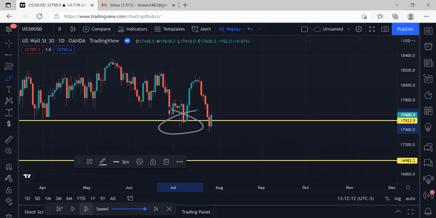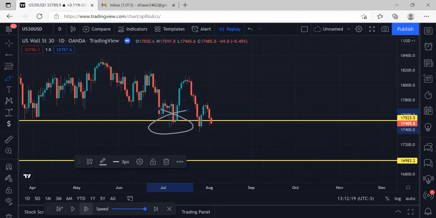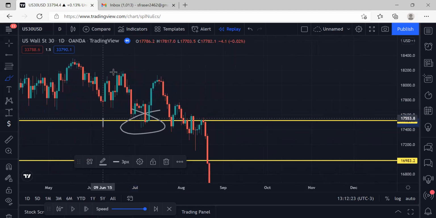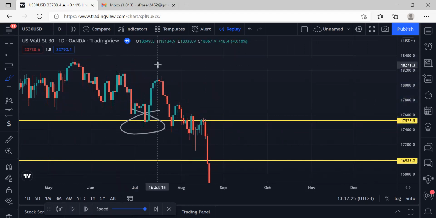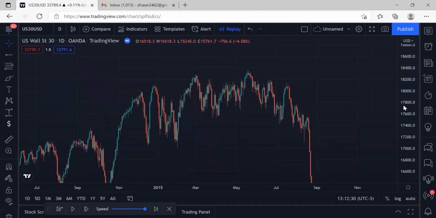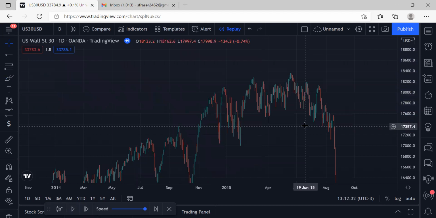I make sure I have like a 3-to-1 or a 4, 5. What I want is to get to that next line. See, I wouldn't even have taken this trade. And that's the beautiful thing of it.